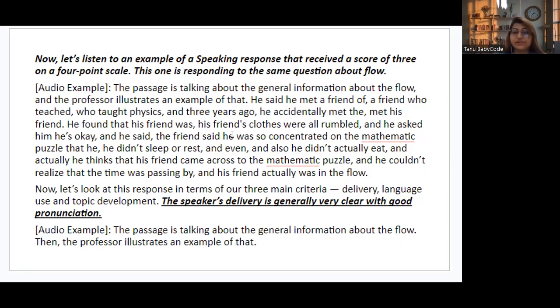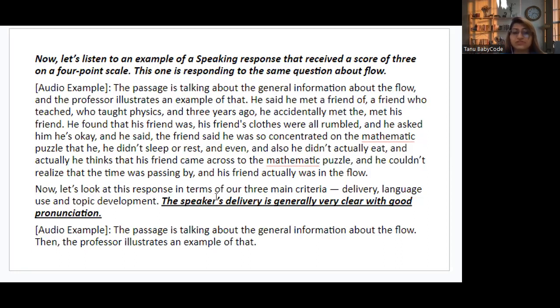And the friend said he was so concentrated on the mathematical puzzle that he didn't sleep or rest, and even so, he didn't actually eat. And actually, he thinks that his friend came across the mathematical puzzle and he couldn't realize that the time was passing by. His friend actually was in the flow.